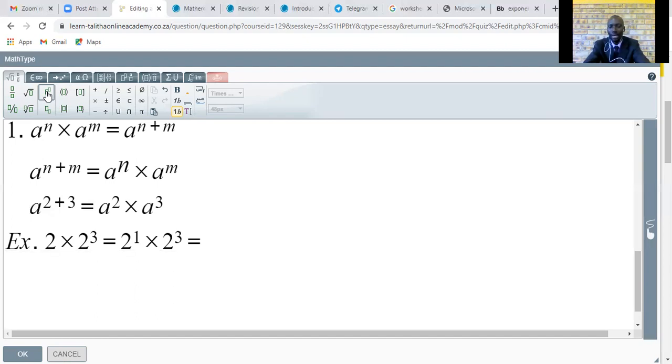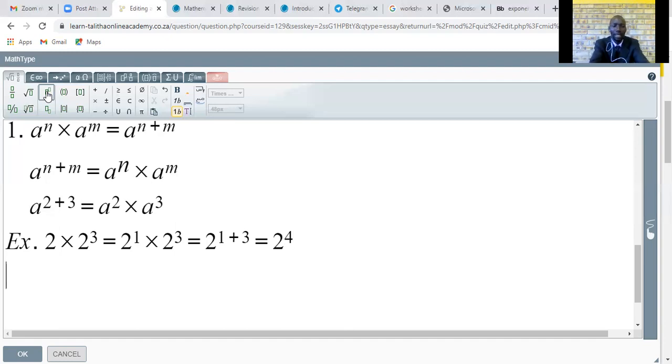The rule is clear: if you are multiplying the same base, you evaluate it by adding the exponents. So we have 2 with the exponent of 1 added to 3, which gives us 2 with exponent of 4. This is how we would deal with this question.